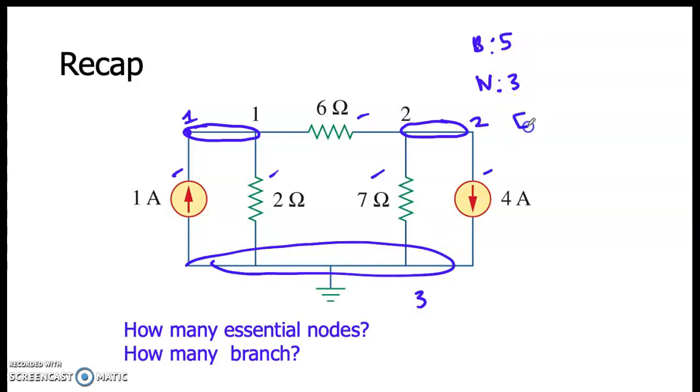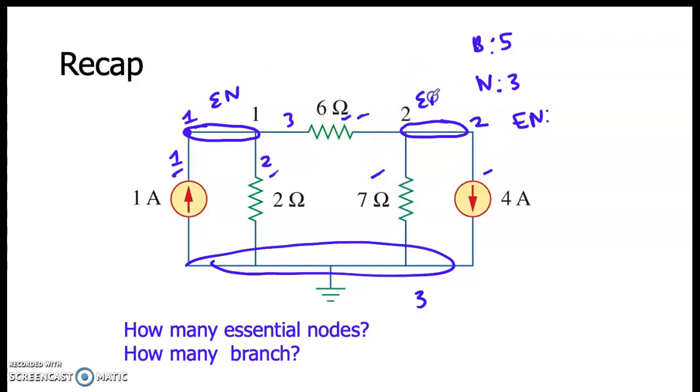Now, there is another term, essential node. So, what is essential node? It is the node that has 3 or more branches. So, if you look at this node 1, it connects to branch 1, branch 2, and branch 3. So, we can call this an essential node. How about here? Branch 1, branch 2, and branch 3.